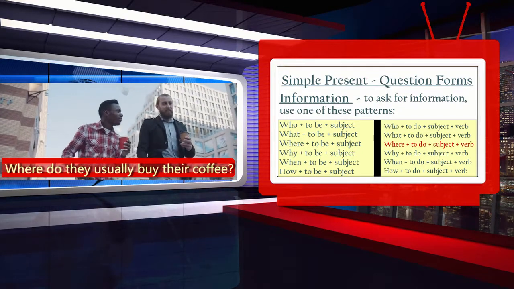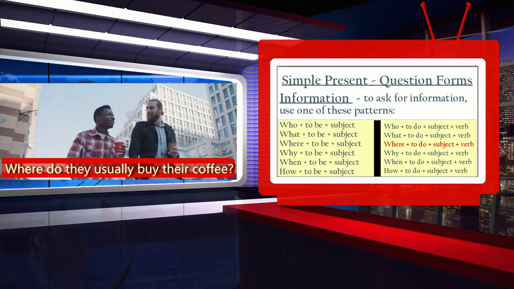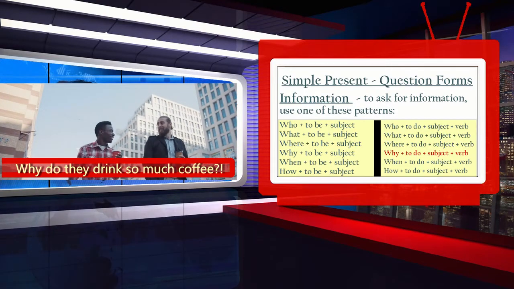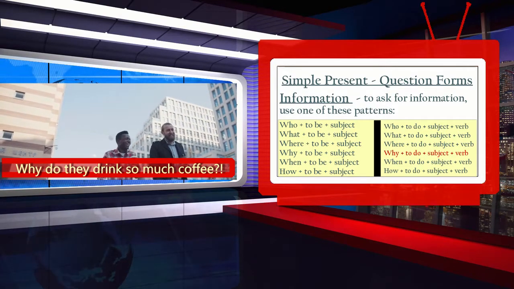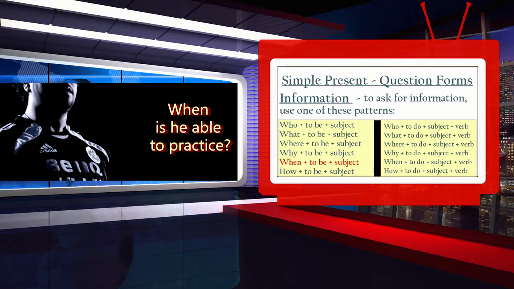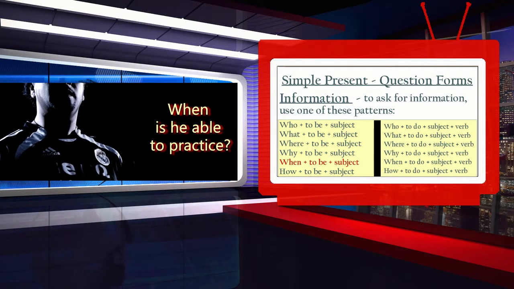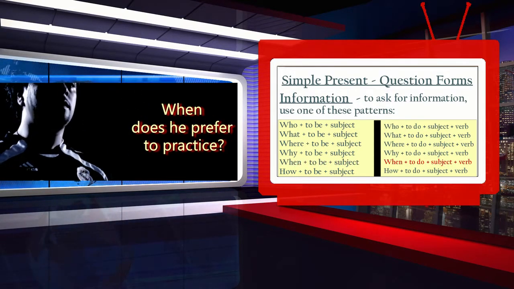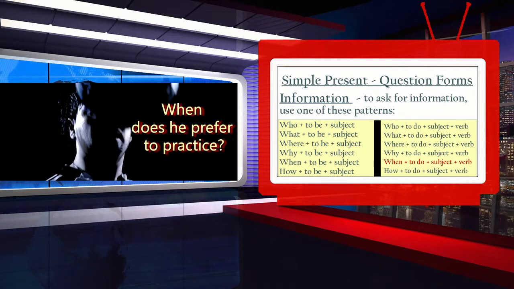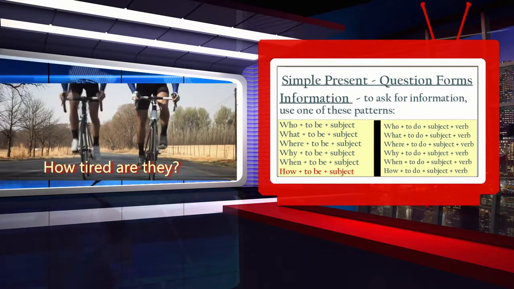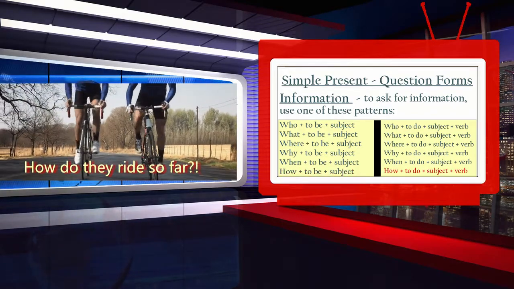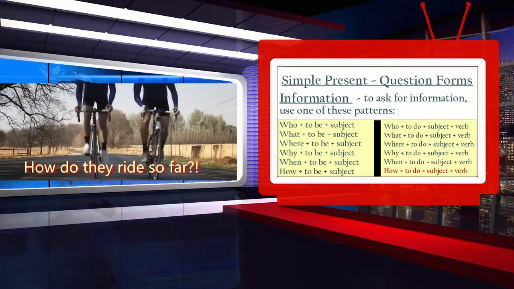Where do they usually buy their coffee? Why do they drink so much coffee? When is he able to practice? When does he prefer to practice? How tired are they? How do they ride so far?